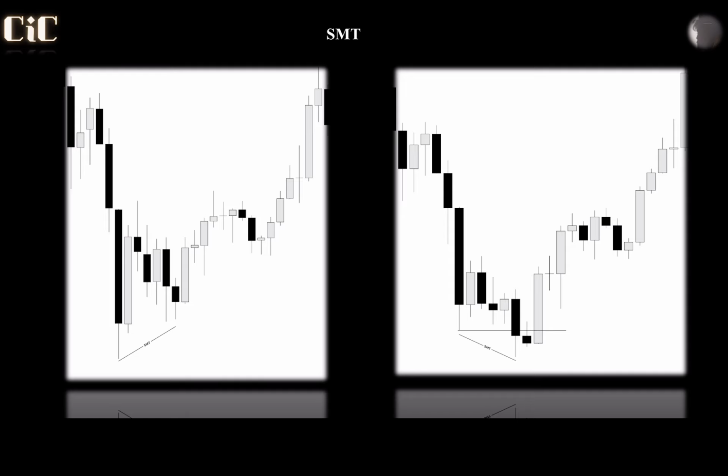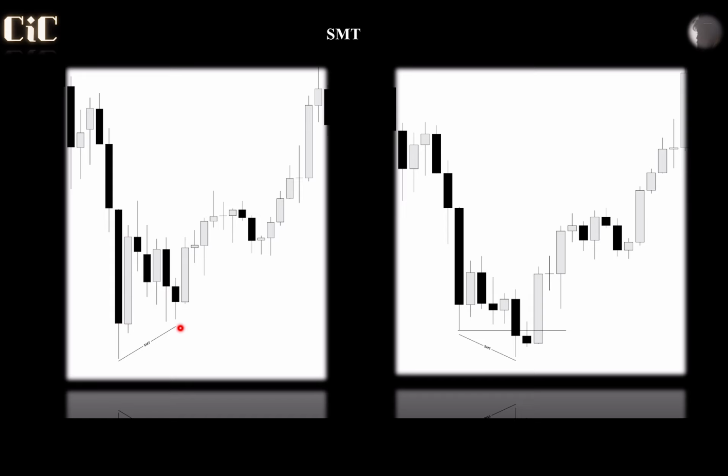Right, which is the idea that the market makers are going to push price below one specific low and not the other one to send each other a signal that the bottom's in. Right, so in plain English, SMT is one asset class taking the low, and the other asset class not taking the low, which indicates weakness in this asset class and indicates the lack of desire to go any lower, right?